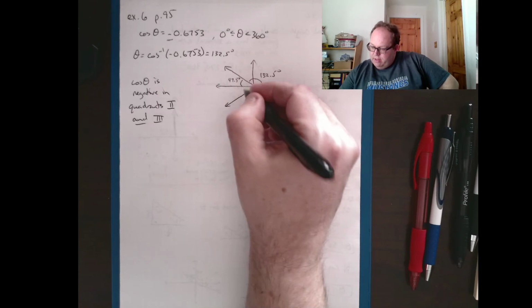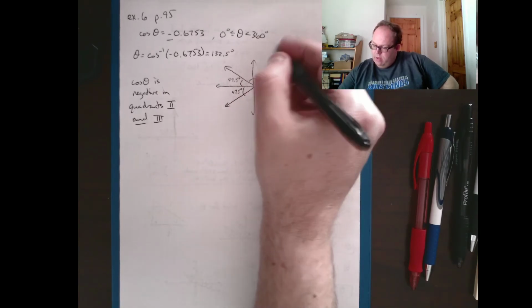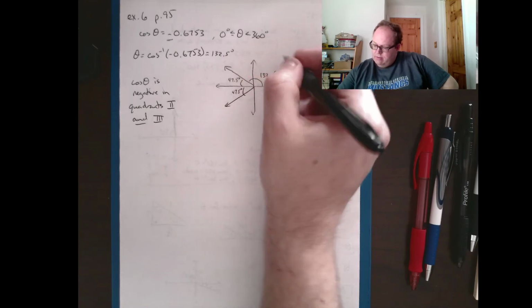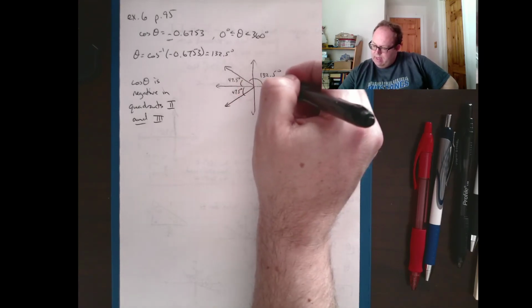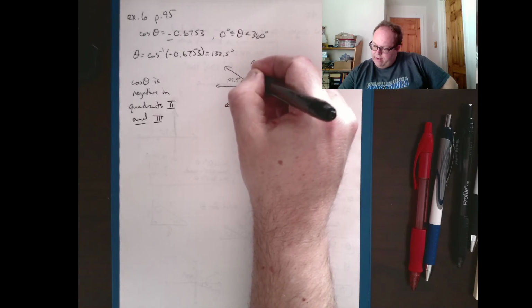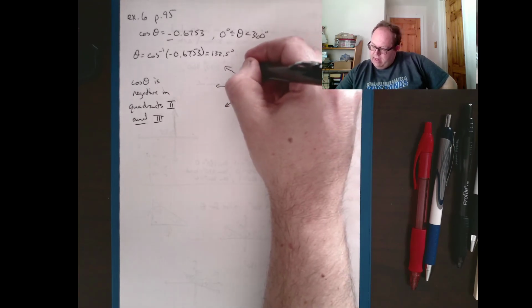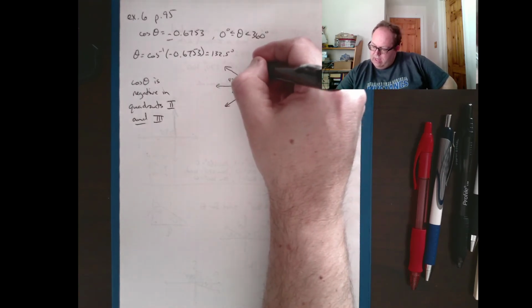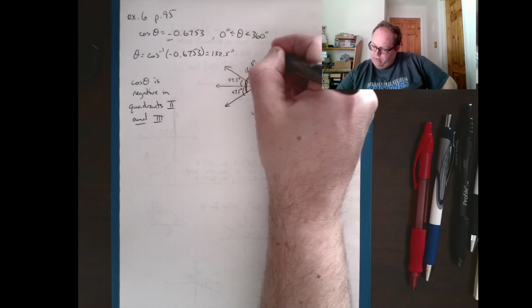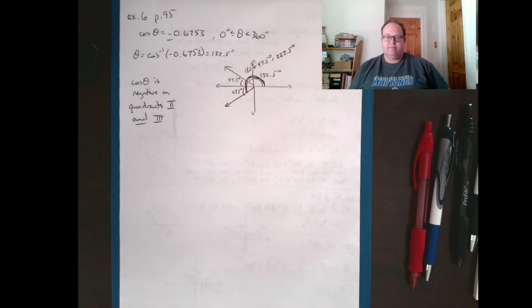If I come down here, 47.5 degrees, then that angle gets a little crowded at this point, I apologize, all the way around would be at 180 plus 47.5, or 227.5 degrees.